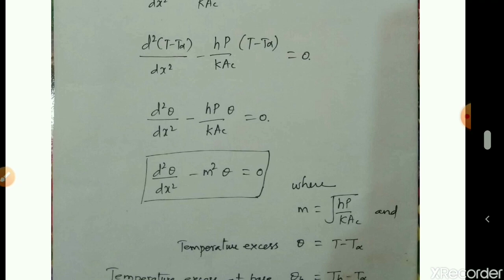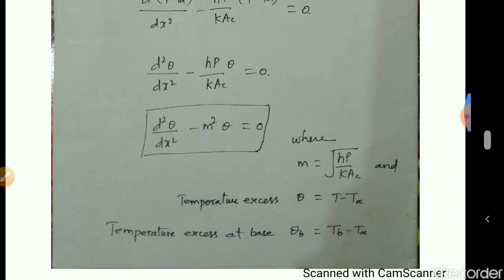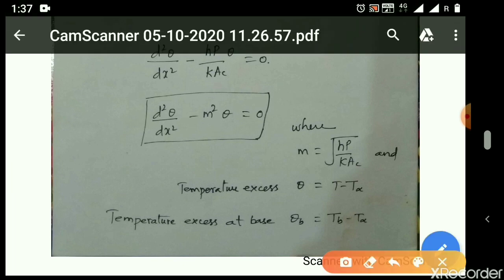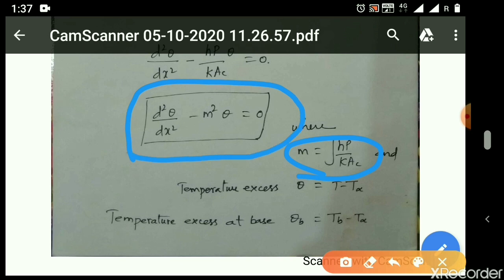Now we have d square theta by dx square minus hP by kAc into theta equals 0. Now we introduce one more parameter called the fin parameter m, which equals root over hP by kAc. We can replace hP by kAc with m square, and finally we have d square theta by dx square minus m square theta equals 0.